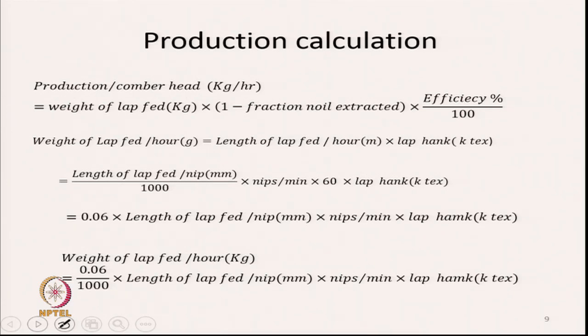So, in 1 hour how much kg are we going to produce? It is going to be this: the weight of lap fed in kg, into 1 minus the fraction of noil that is going to be extracted, because that is going to be removed from the material that is being fed from the lap.